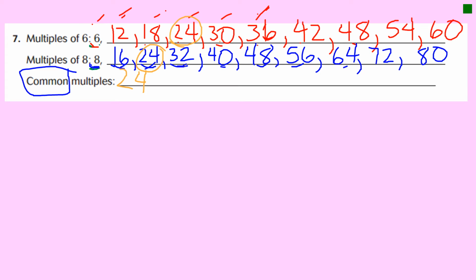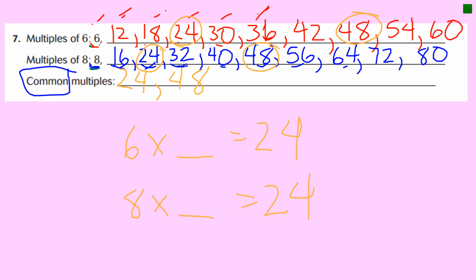In the 40s, right? 48. Okay, 24 and 48 are common multiples of 6 and 8, meaning 6 times something equals 24, and 8 times something equals 24. Okay, multiples, 6 times 4, of course, and 8 times 3. All right, guys, excellent job.